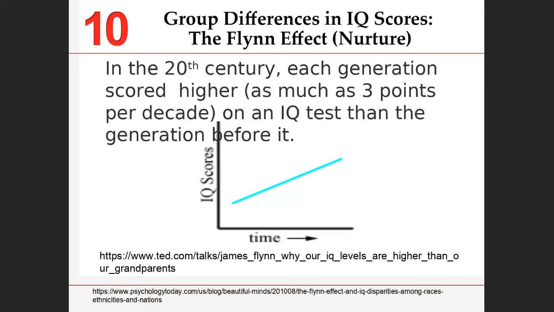And what he found is that each generation has scored higher than the previous generation, as much as 3 points per decade. So what that means is that you would score higher than your parents or your grandparents or your great-grandparents. And so what is the difference between you and them? Well, you've had better educational opportunities.